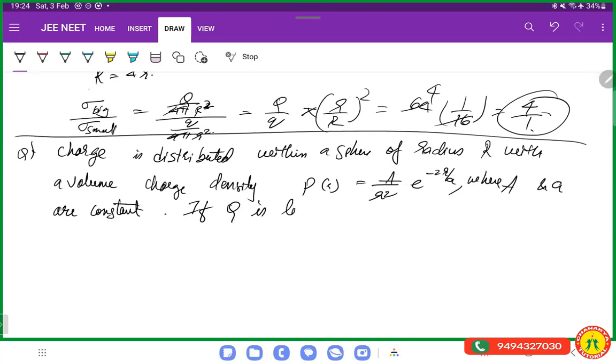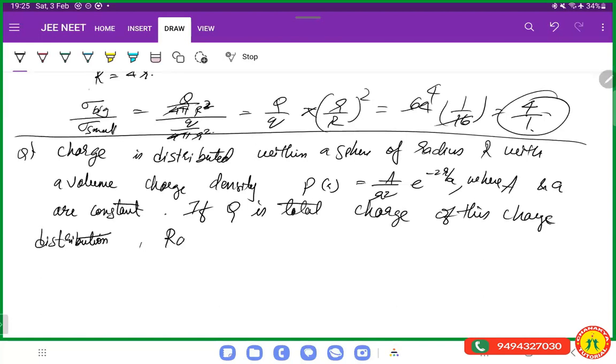Q is the total charge of this charge distribution. So radius equals to dash.